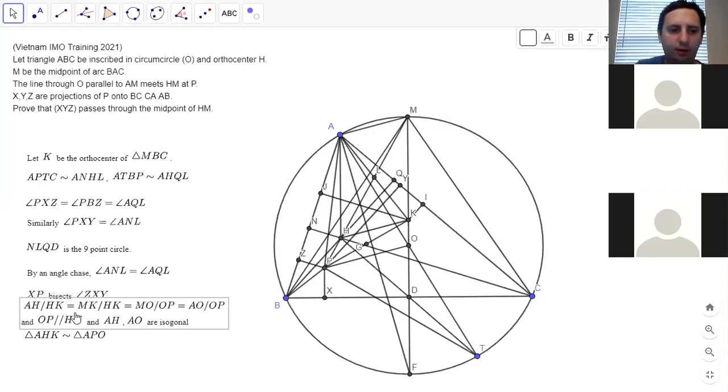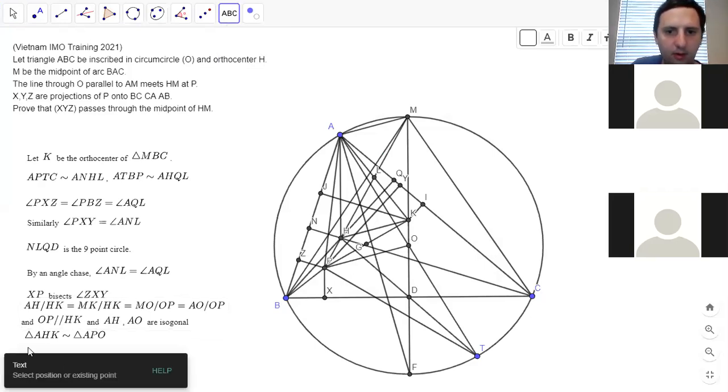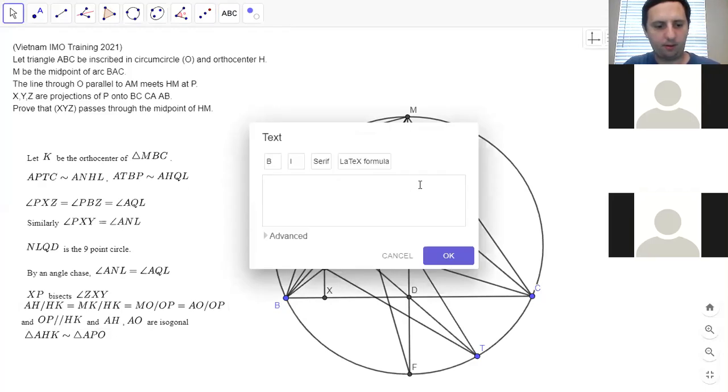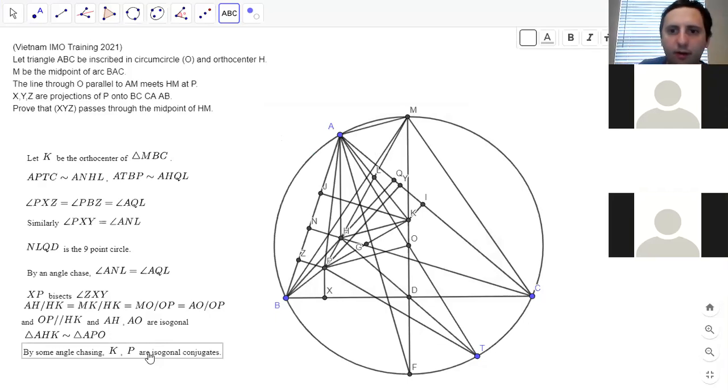By some angle chasing, so yeah, just because we spent a while on this. And then L is the Poncelet point of ABCK.